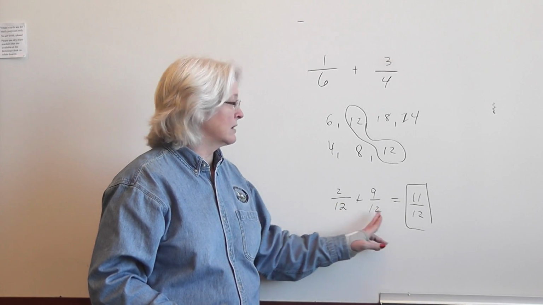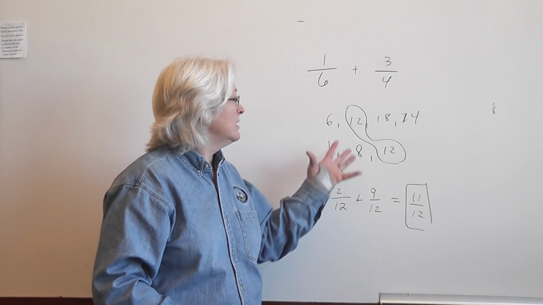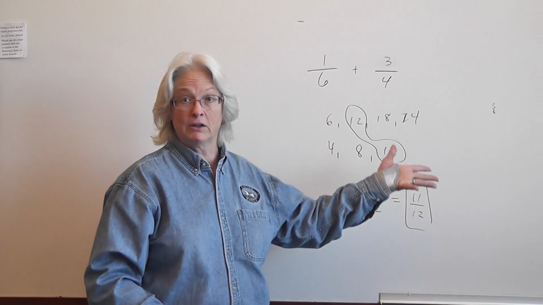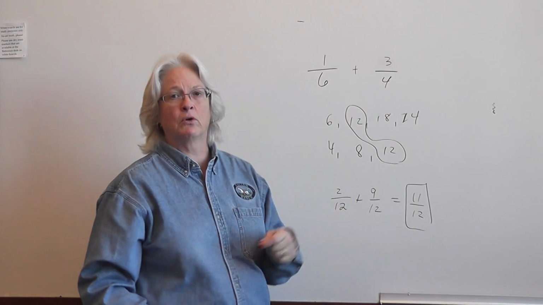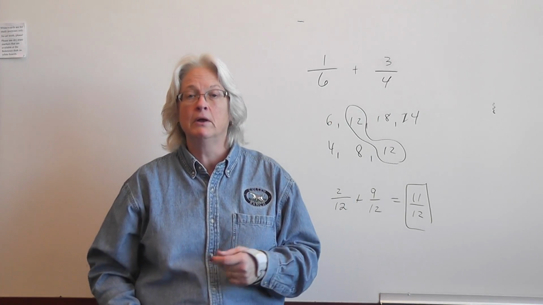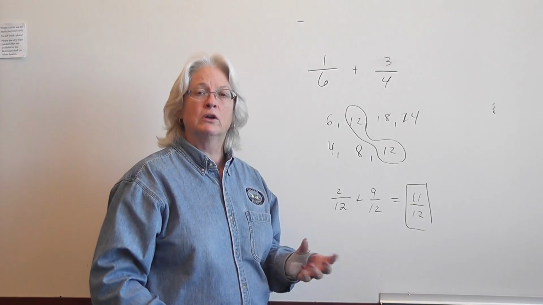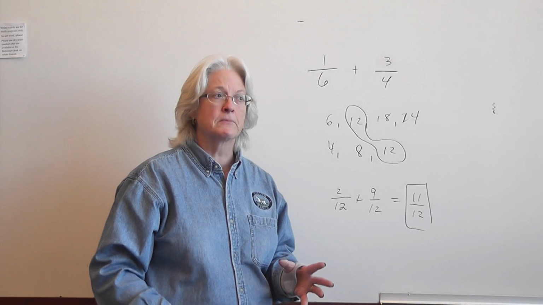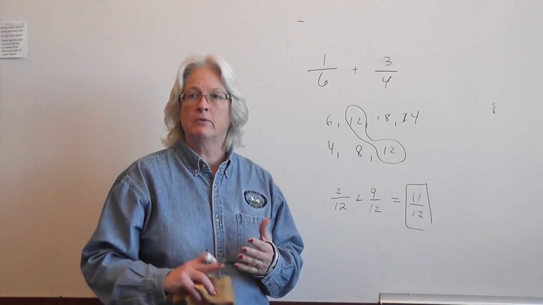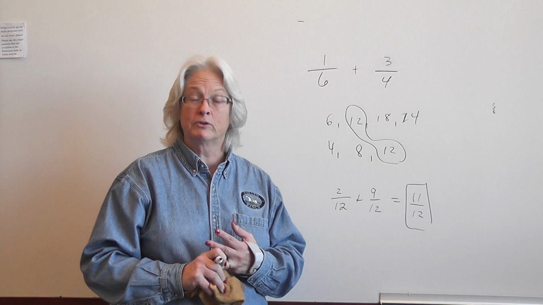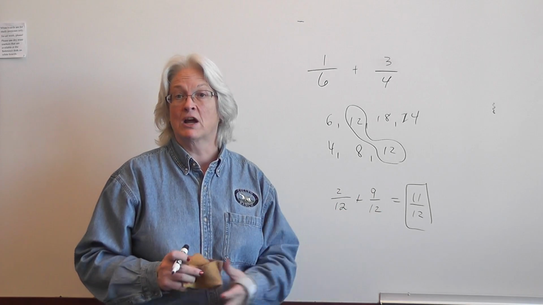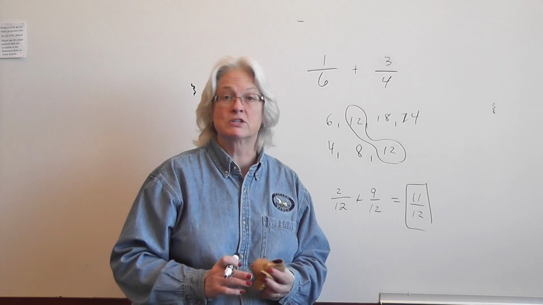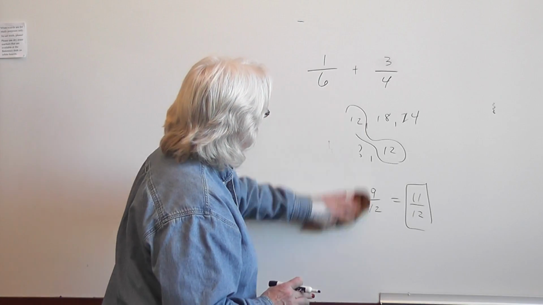And the way that you can come up with your common denominator, other than writing out a list of multiples or looking at it and saying, oh, well, I know with a 6 and a 4, the first number that they're going to have in common is going to be a 12, you can use prime factorization to find both your greatest common factor and your least common multiple. You can search my videos, and there's already a teaching out there that will review that for you if there's something that you need to do.